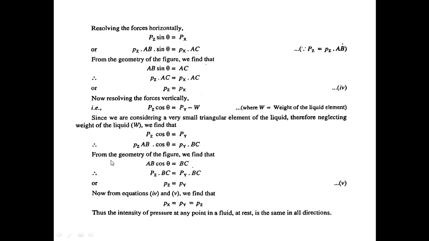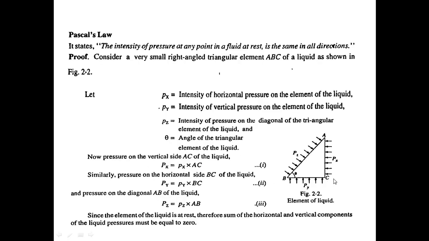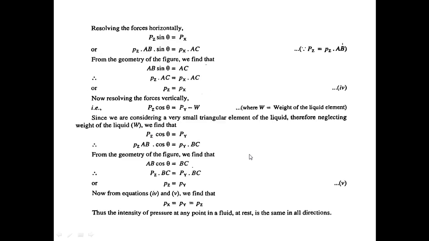Now similarly, from the geometry of the figure we find that cos theta is equal to base divided by hypotenuse. Base is BC while hypotenuse is AB. So cos theta is equal to BC divided by AB. Multiply both sides by AB. AB will cancel out with AB and we will get AB cos theta is equal to BC.